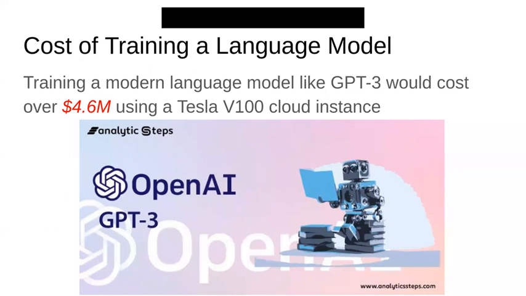For instance, for language models, the famous GPT-3 model from OpenAI, they estimated a cost of several millions to train it with Tesla V100 cloud instances. So you can see that trying to reduce this computational cost is important for the environment and for cost, for everything.